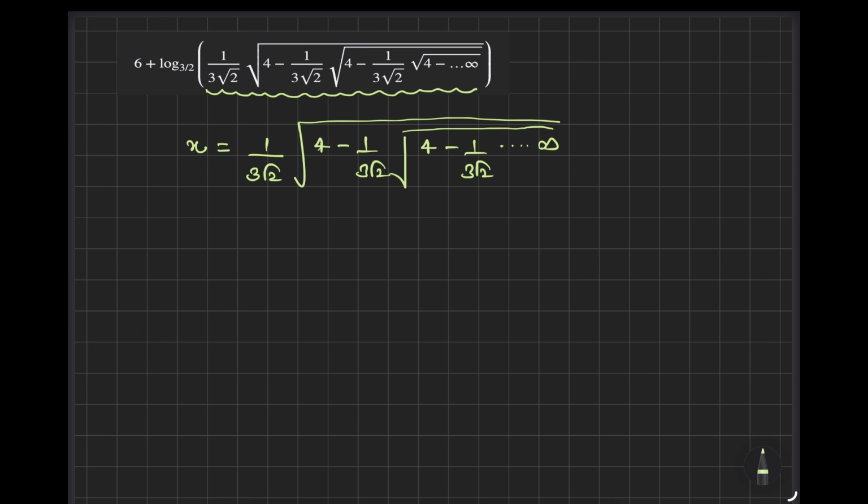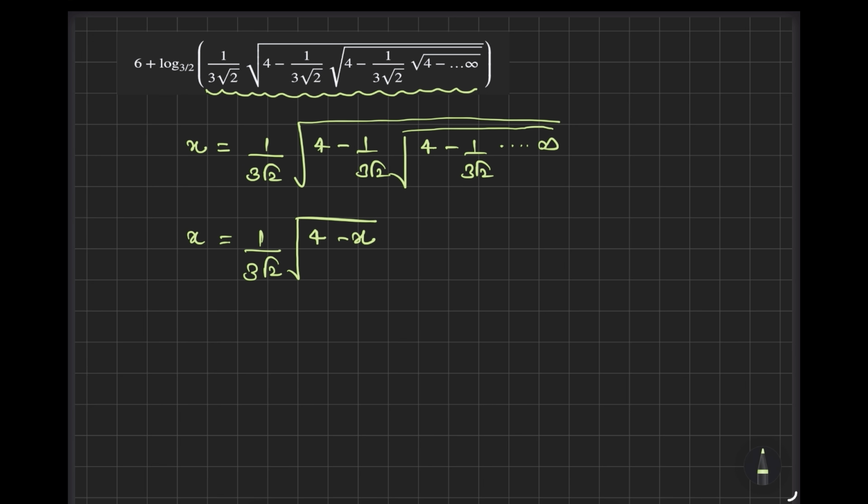So among these infinity things, I will hide this part, and still the remaining component will behave as x. Correct or wrong? So can I write that thing as 1 by 3 root 2 root, then we have root 4 minus x.